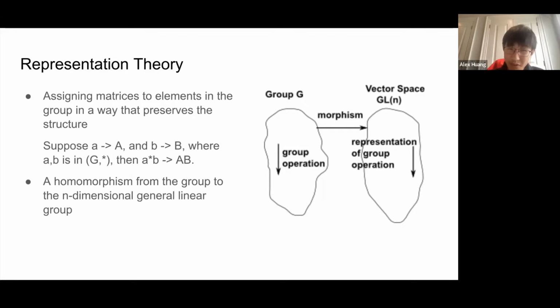So what do I mean by the structure of the group?